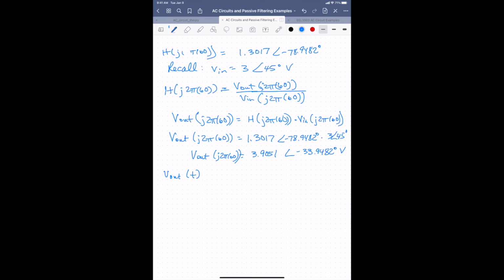At that particular frequency, Vout of t will be equal to the magnitude, 3.9051, cosine of omega t, where omega, of course, is 2π times 60, and the angle is minus 33.9482 degrees. And of course, the unit is volts.